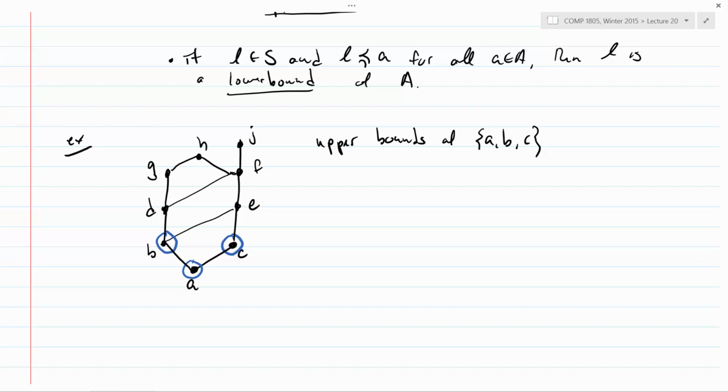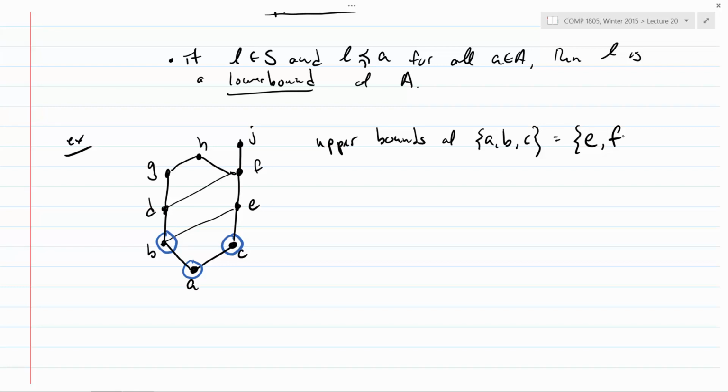Okay, what about E? E is comparable to B, C, and A, and it's bigger than all of them. So E is definitely in there. What about F? F is in there for the same reason. What about G? No, because I can't get there from C. And remember, when I say get there, I mean get there only going up, because I can only follow arrows in the direction they lead, and we said all the arrows point up.